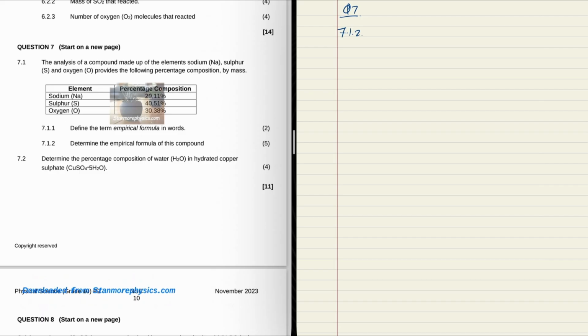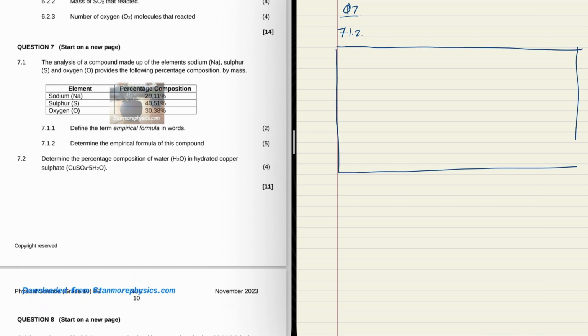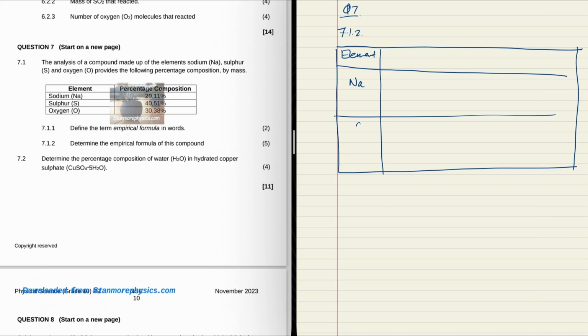So I'm going to do this in the form of a table because it's just more neater. So here's my table, like so. The first column is going to be the element. The elements that I have are Na, then I have S, and then I have O. The next column I'm going to use for the mass.